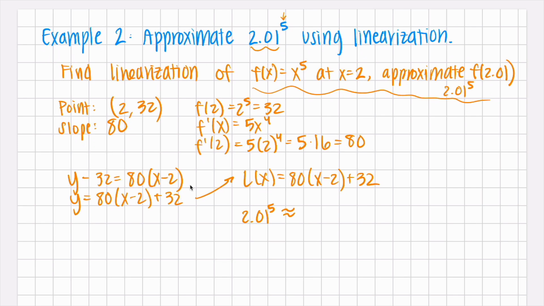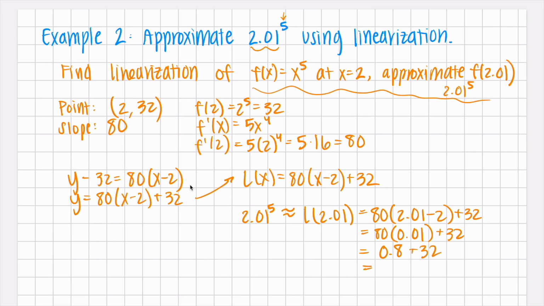We're going to use that to approximate 2.01 to the fifth. I'm going to say 2.01 to the fifth is approximately L of 2.01, and we're going to plug it in for x. I get 0.01 times 80, which is 0.8. And we get 32.8.